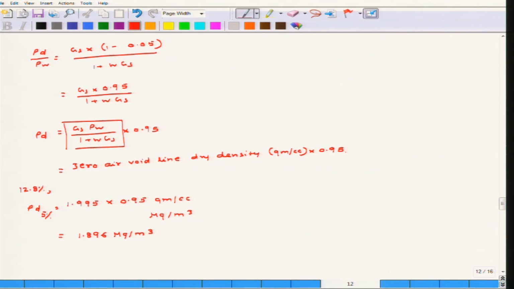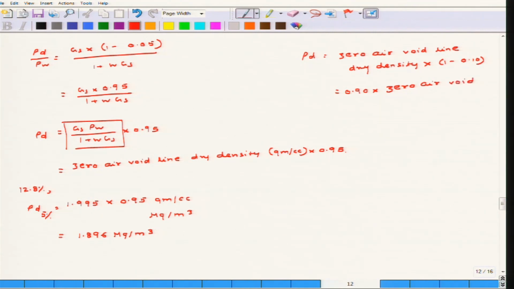Now similarly for 10% air voids, rho D is equal to the zero air void line dry density into 1 minus 0.10. So it is equal to 0.90 into the zero air void line dry density in gram per cc.